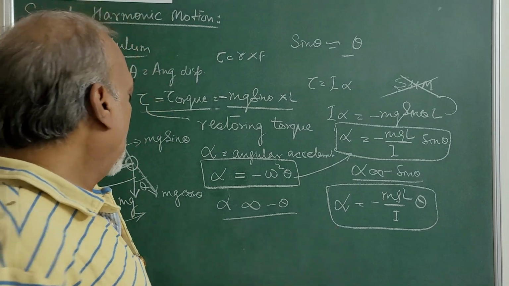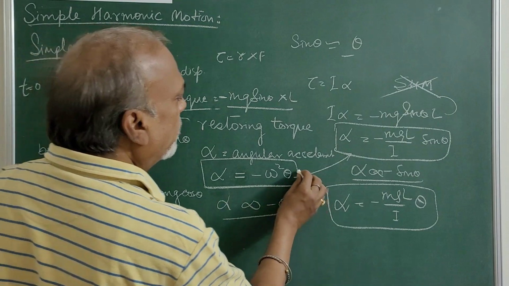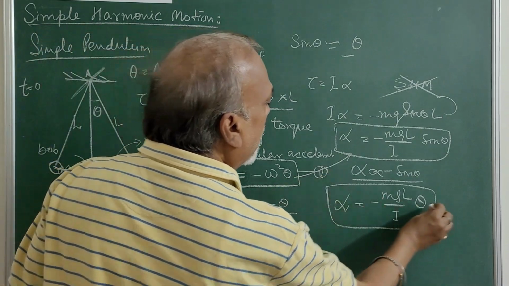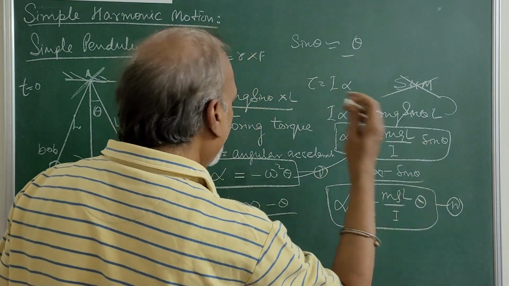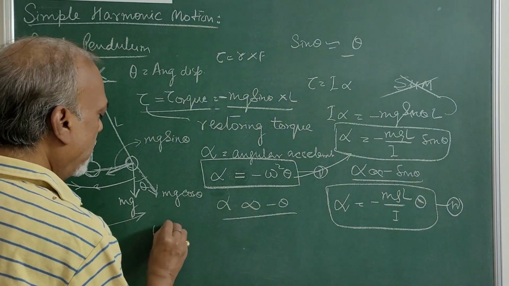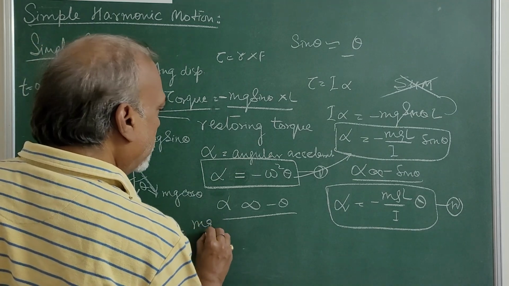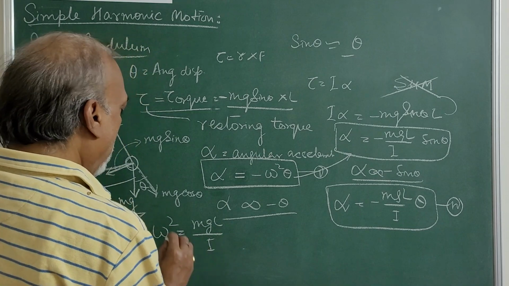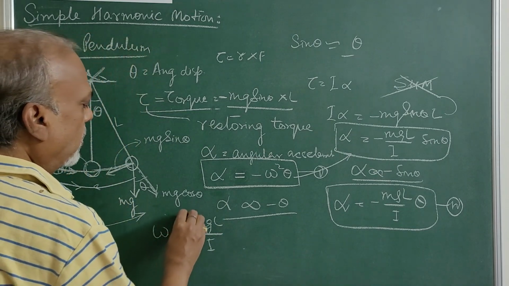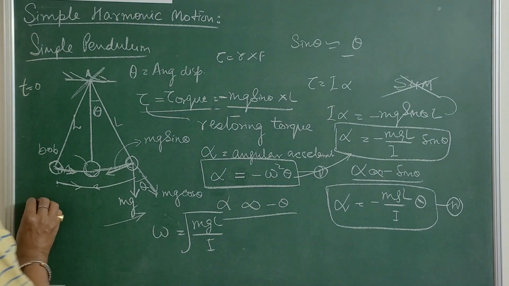So we can always write, if you compare equation number 2 and equation number 3, this is 1, this is 2, then omega squared is nothing but mgL upon I. What is omega basically?